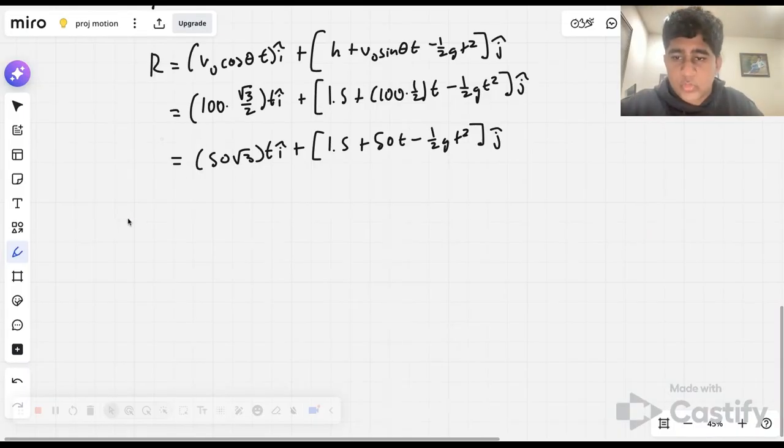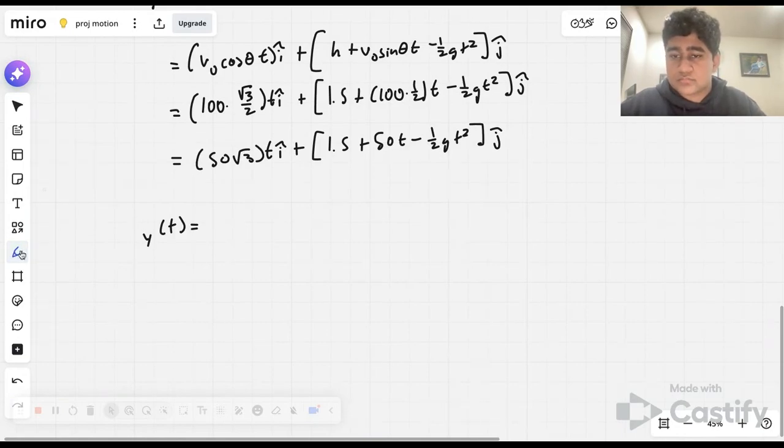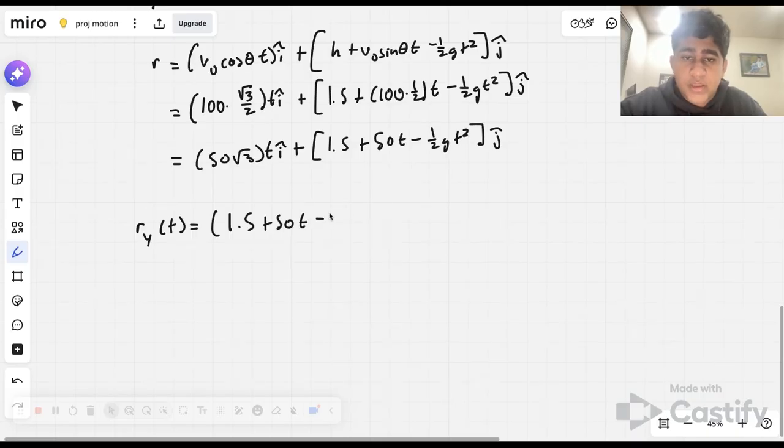So from this range equation, we get r y of t is equal to, actually let me rewrite this because it's not the range completely. We'll write this in lowercase r, and we'll say this is r. r y of t is going to be equal to 1.5 plus 50t minus half g t squared j.